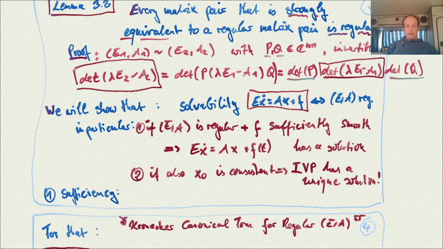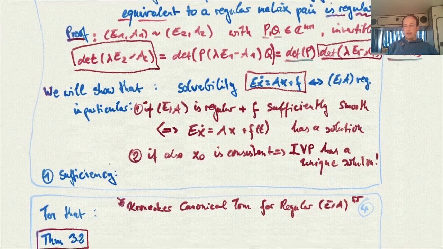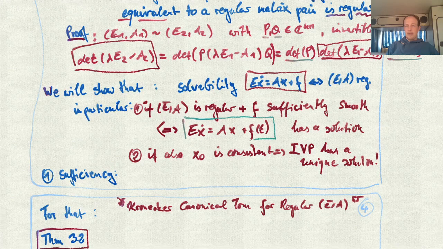Well, we start with the sufficiency. Actually, we will show that if this is not the case, then there's an if and only if. But for now, the first thing will be showing this sufficiency, namely that E and A is a regular matrix pair, and we want to consider this DAE, E x dot equals A x plus f.